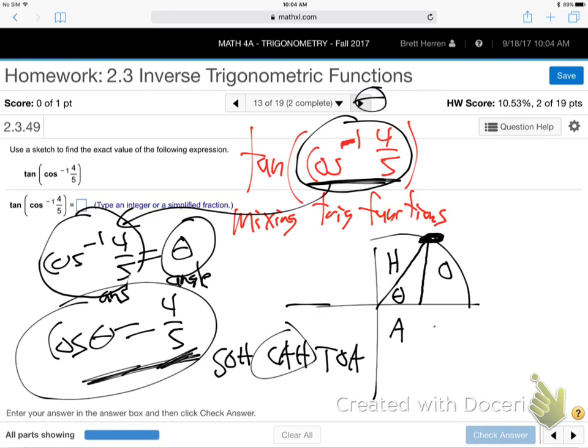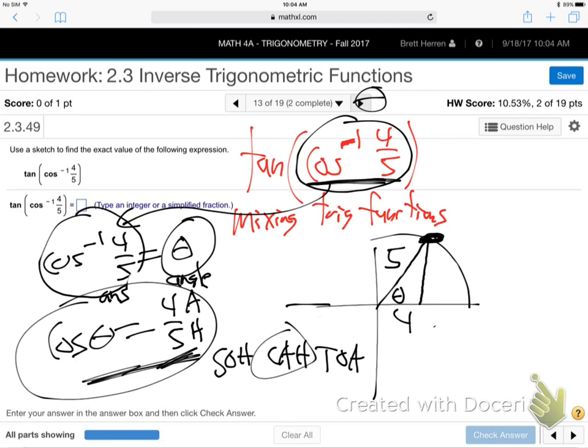So cosine of theta is 4/5, which means adjacent over hypotenuse. So the adjacent is 4. The hypotenuse is 5. You with me? I just made that triangle reflect that truth. Is that good? The cosine of theta is 4/5.